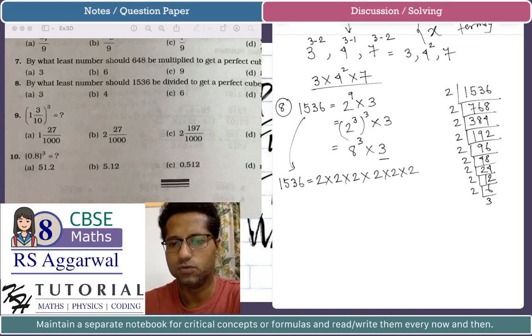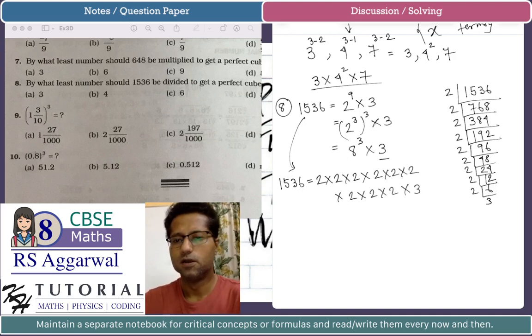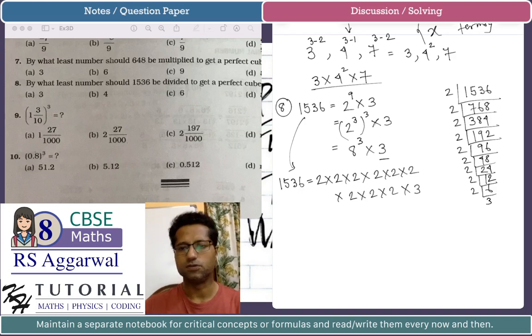We have 9 2's, and finally we have multiplied by 3. So this is the prime factorization of 1536.